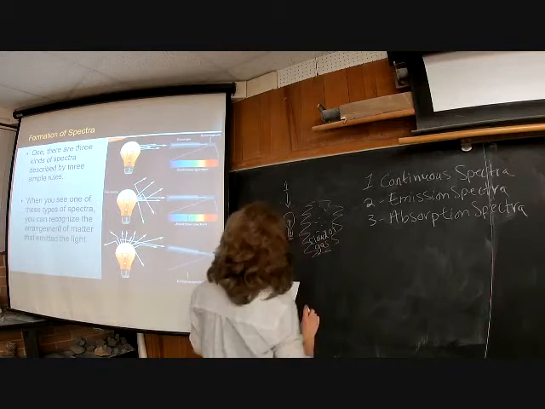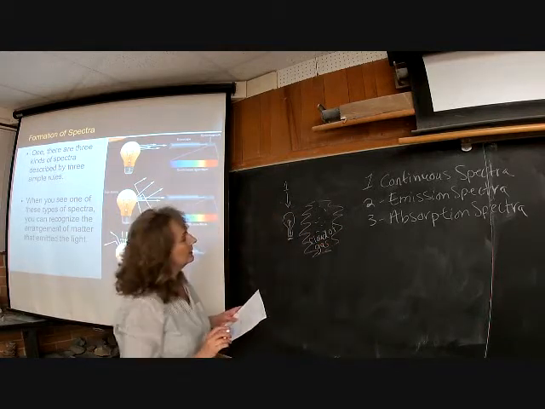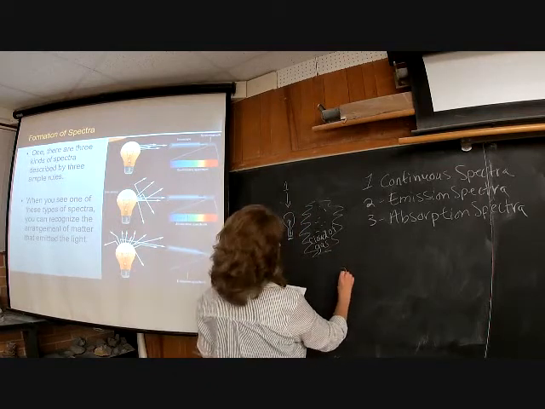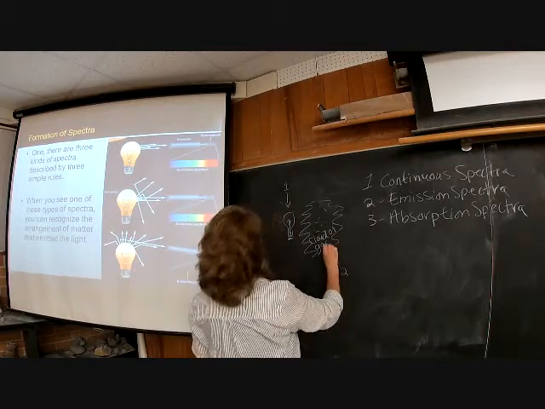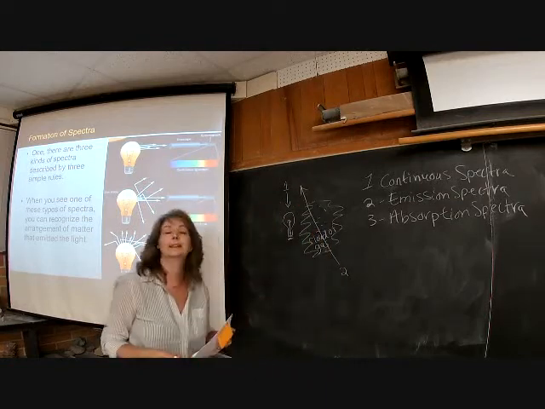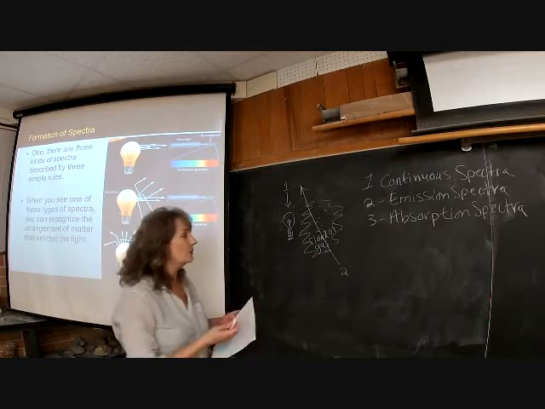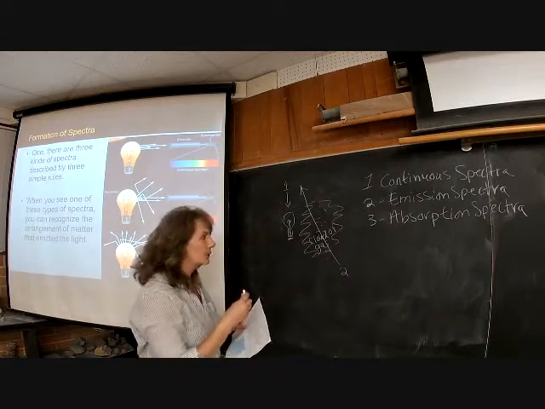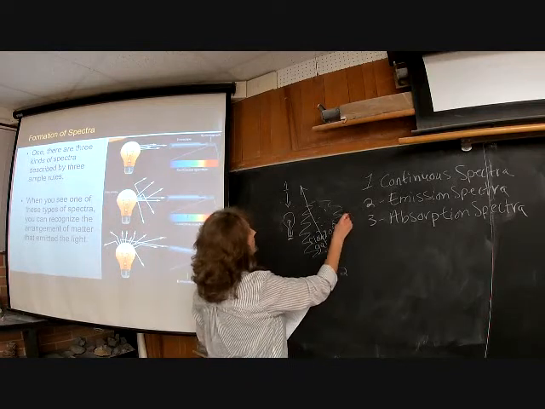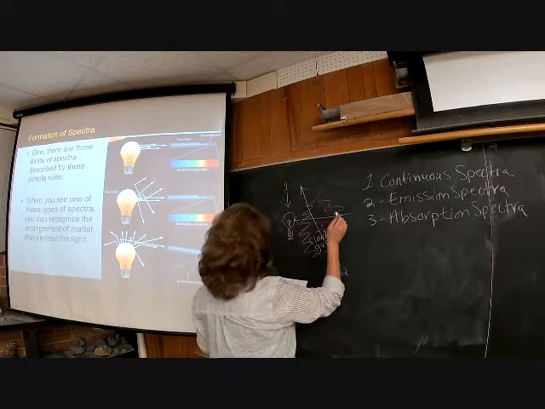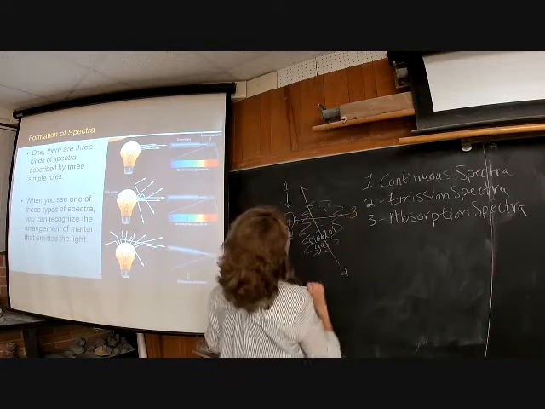Okay. And number 2 is sort of an excited cloud of gas here. So for number 2, going through that excited cloud of gas, that would be an emission spectrum. Absorption spectrum would be one that's going through to our incandescent bulb.